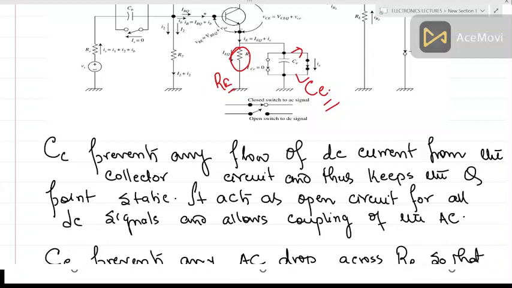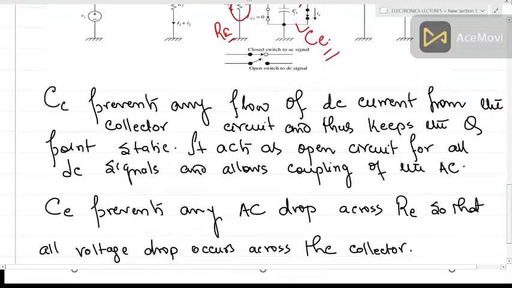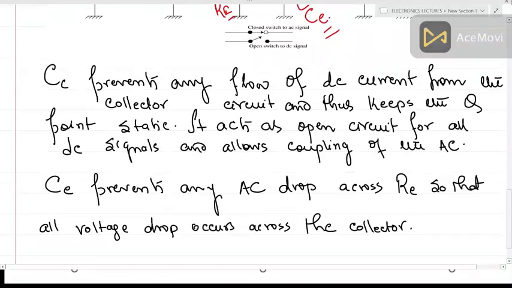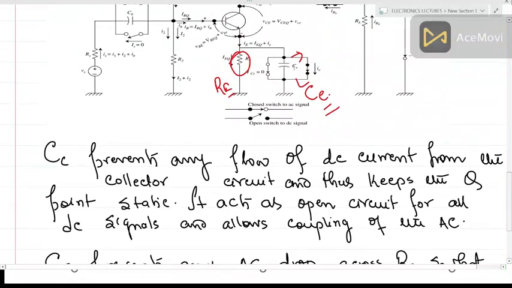You must have heard the word bypass, meaning a different way. The voltage drop should occur across the collector, and there should not be any voltage drop in RE. To prevent this RE voltage drop, this capacitor is used. This is called the bypassing capacitor.